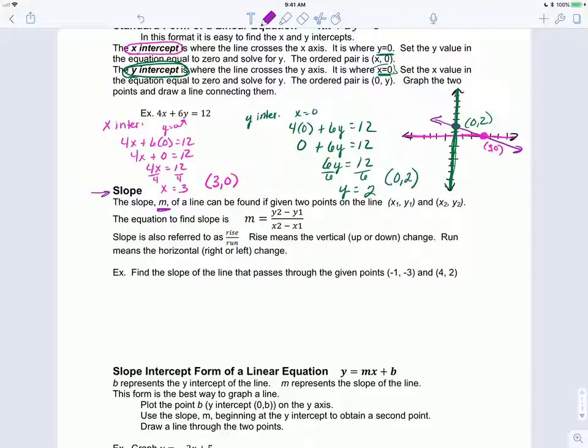Anytime you're given 2 points on the line, two ordered pairs, the first being x1 and y1 and the second being x2 and y2, you're going to use this equation: m is equal to y2 minus y1 over x2 minus x1. Slope is also referred to as rise over run.